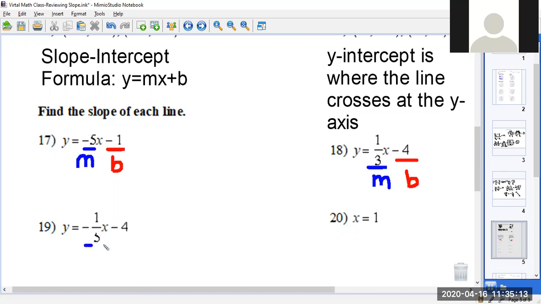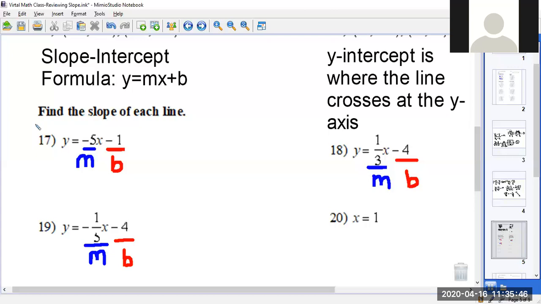Yes, sir. So this is my slope. And that means what is my y-intercept? The negative 4. All right. So far, so good. Now, number 20 looks a little funny, doesn't it?